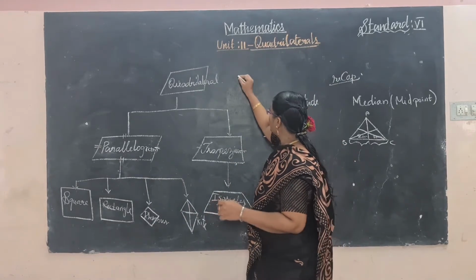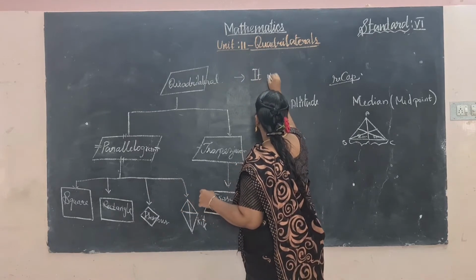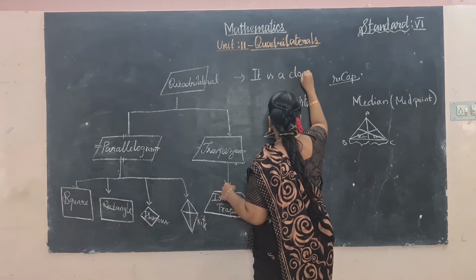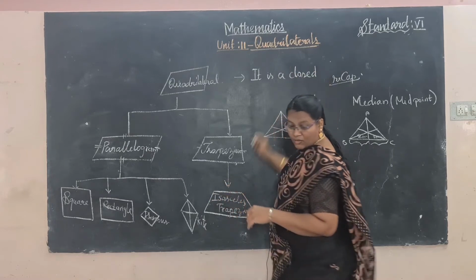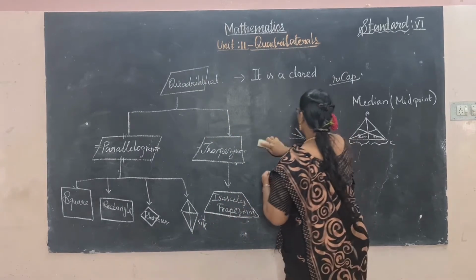So a quadrilateral is a closed figure. It's also one of the polygons.